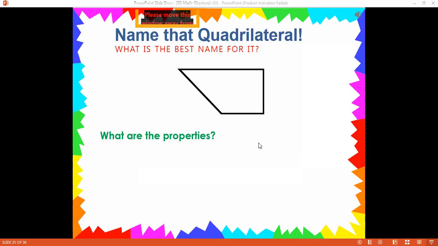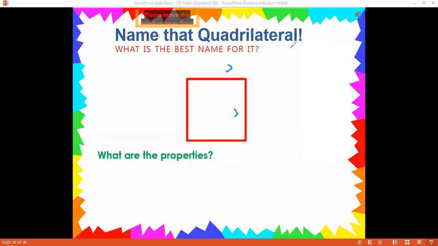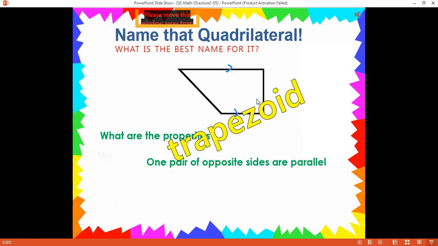Okay, Marlon, this is called a trapezoid. It's called a trapezoid because it has only one pair of opposite sides parallel. So if you can see here, only this side is parallel to this side. Okay? Great.